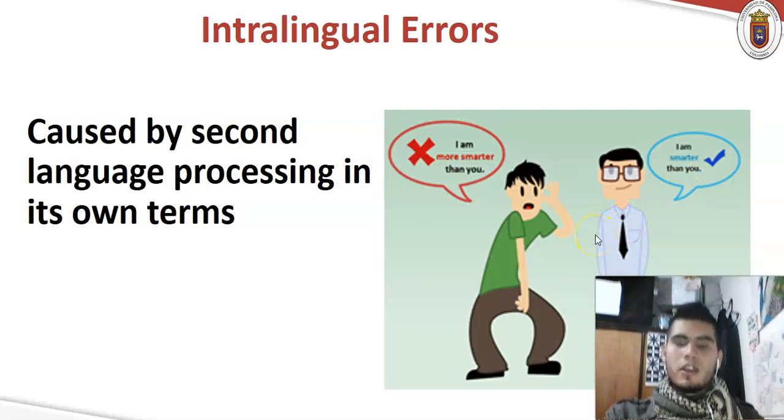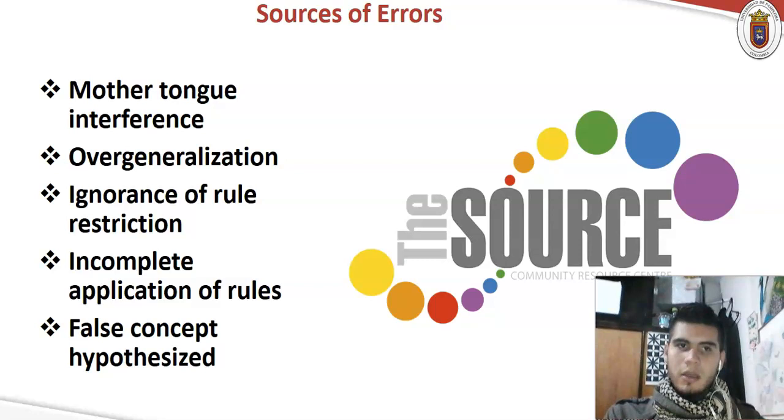Because sometimes the students have the tendency of confusing the verbs or verb expressions or phrasal verbs that obviously don't exist in Spanish or their mother tongues, but we confuse the rules or the tense in that language. Sources of errors. Mother-tongue interference, as I said, and overgeneralization. We overgeneralize, that could sound a little bit redundant, but it is.